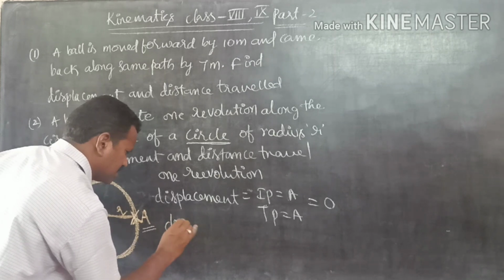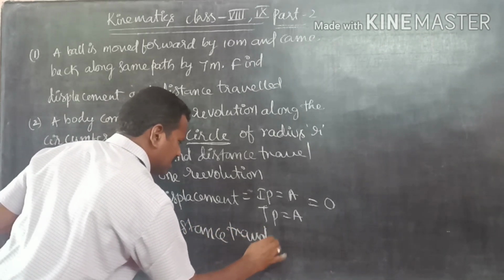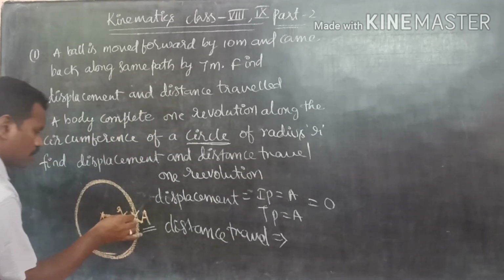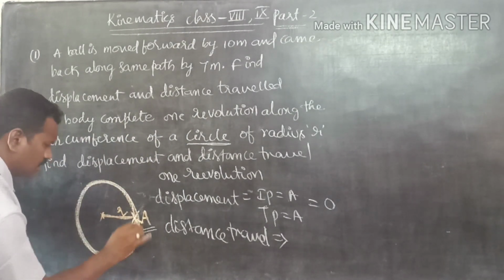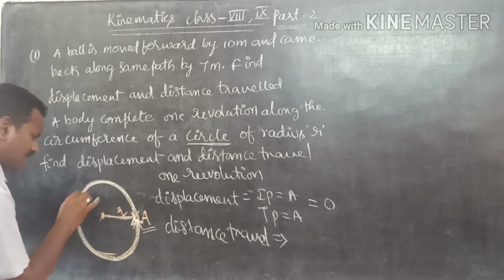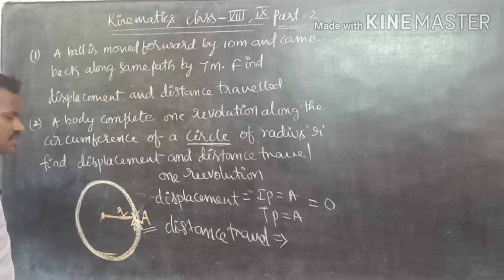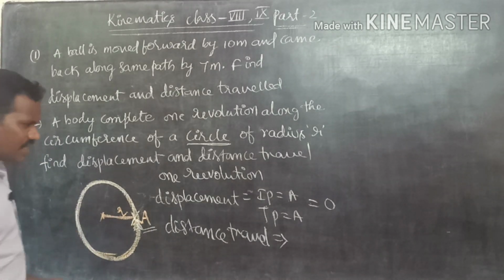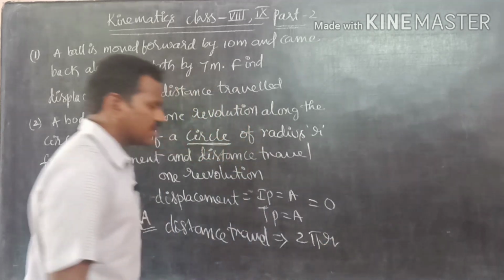Then what is the distance travel? Distance travel is nothing but the total path covered by the body during its motion, meaning it is traveling along the circumference of the circle. The total path is equal to the circumference of the circle, that is 2 pi r.